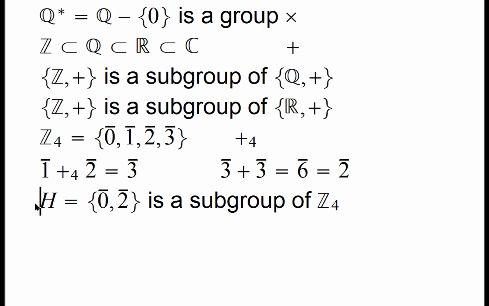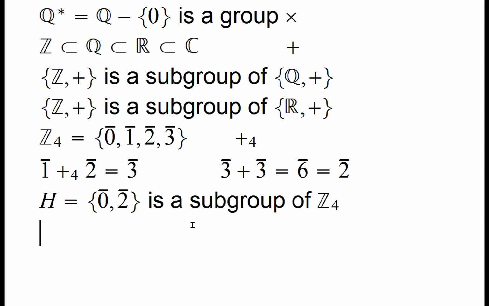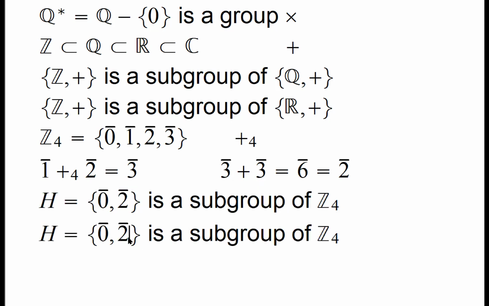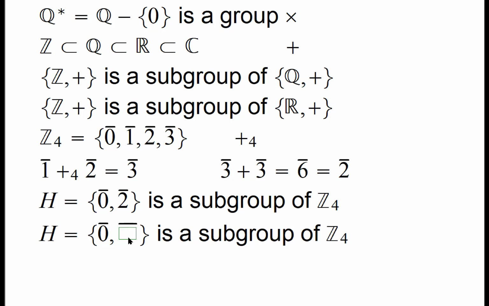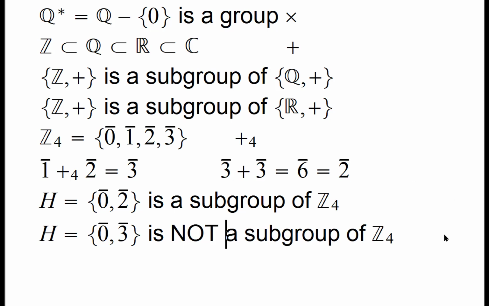On the other hand, if we took this, say we replace 2 by, for instance, 3, okay, then you can see this is not a subgroup, and the reason being simple, that we just saw 3 plus 3 is 2, so it's not closed with respect to the operation, right?